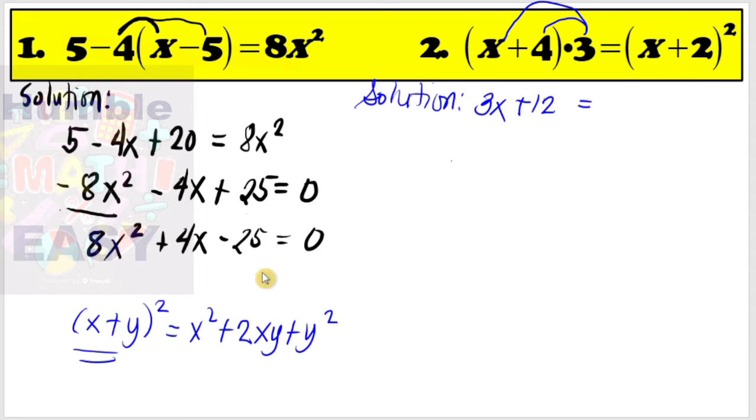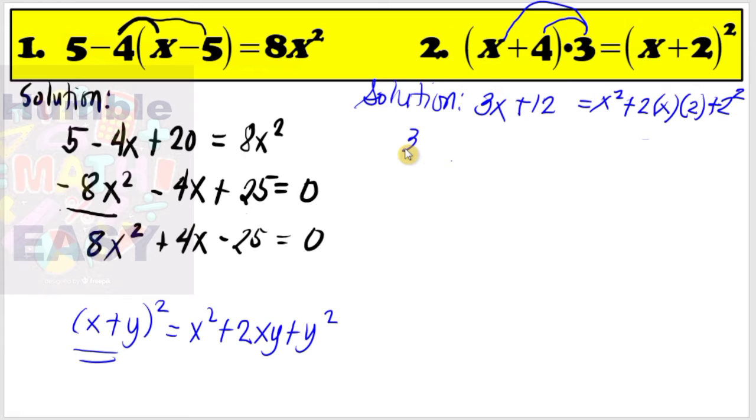So we have the square of the first term, x, so x squared, plus twice the product of the first term x and the second term 2, then the square of the second term, 2.